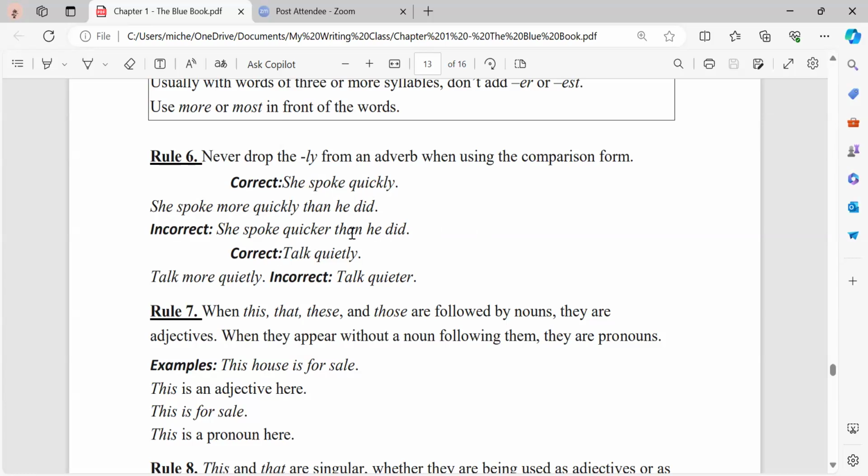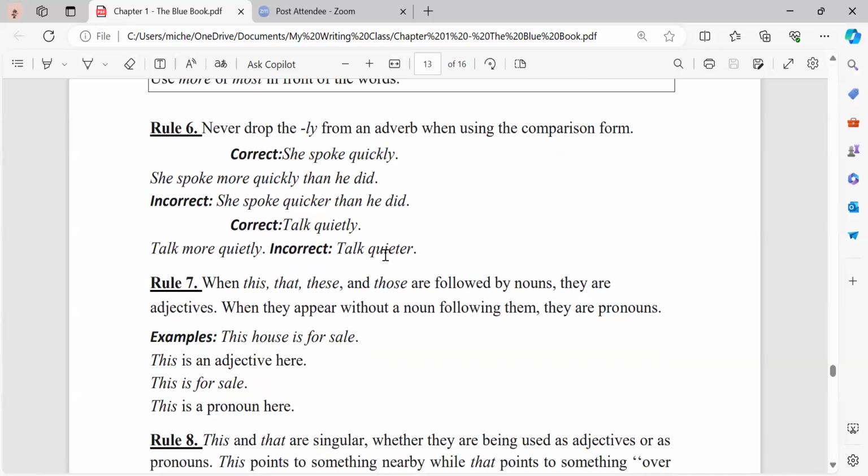For example, the word than is already a comparison word, and then we add quicker, so it's kind of superfluous, meaning that you're not supposed to add too many unnecessary words to our sentence.